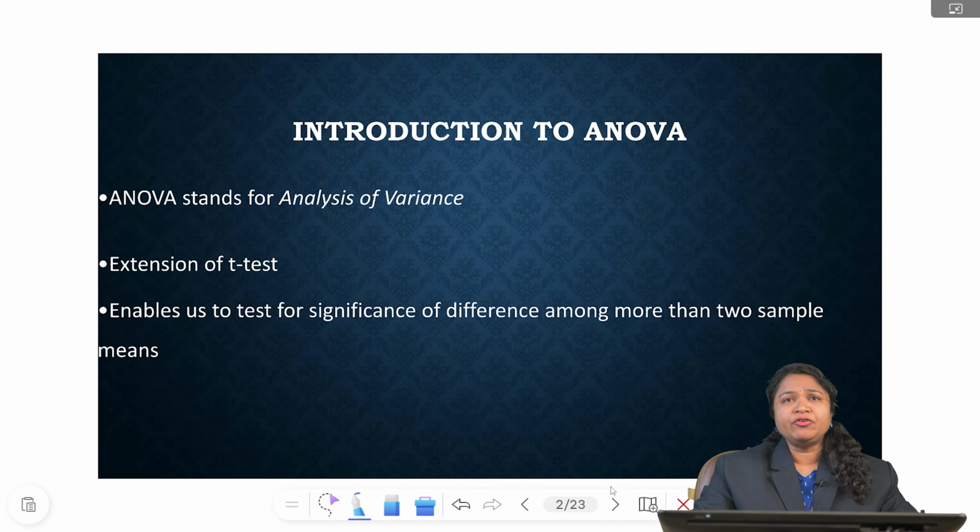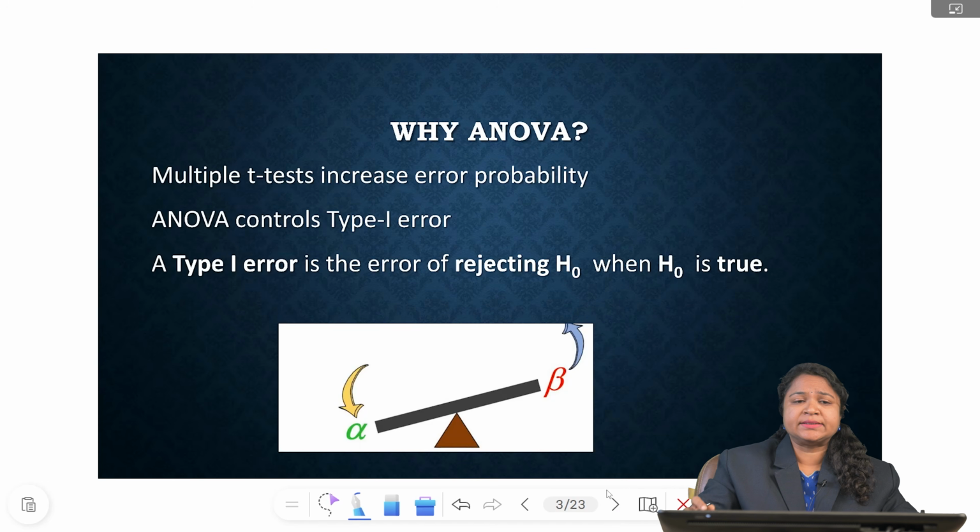If you are doing multiple t-tests for the same sample, there is a chance of increasing the probability of error. So we get a type 1 error. Type 1 error is the error where there is a rejection of the null hypothesis even though the null hypothesis is true. The alternate solution for this is ANOVA.